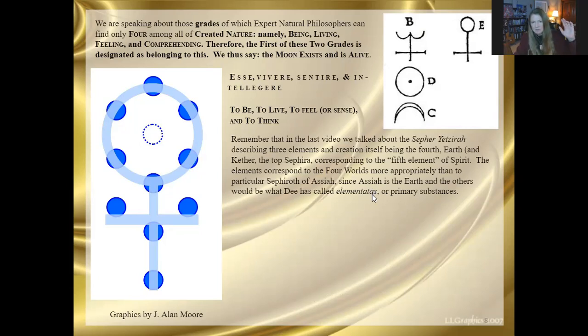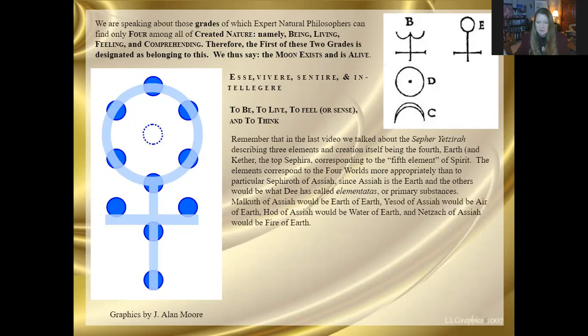Well, you can make the elements correspond to the 4 worlds, and we've talked about that. But if you try to take all of this and make the rest of it work that way, you can try it on your own. It won't fit, I promise you. But what if, since Asiah is the earth, and all of these elements combine and make earth, we have what he's been talking about all along, elementata.